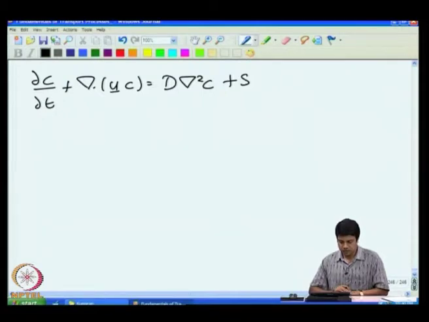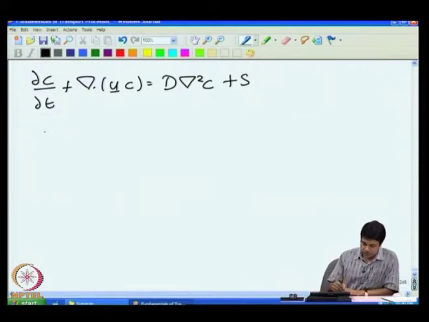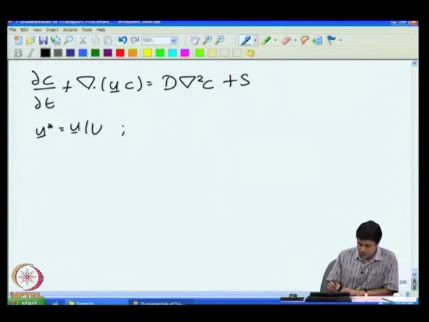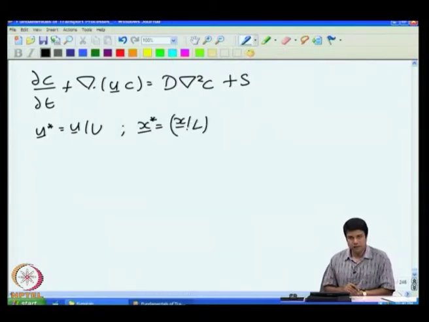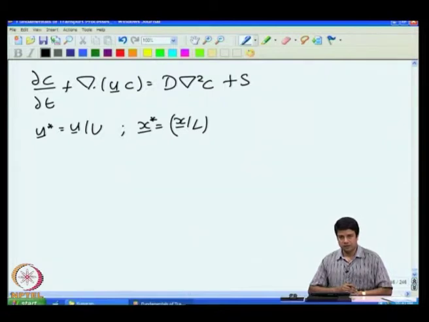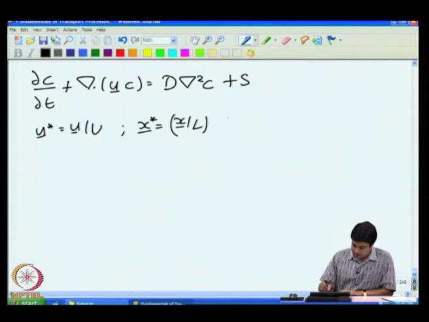And I showed you that if you scale the velocity as u by capital U and all distance x by some characteristic distance L, the radius of a particle if a particle is immersed within the flow, or the pipe diameter if this is flow through a pipe, the time scale becomes t is equal to t D by L square.